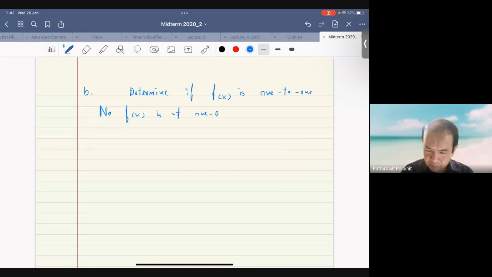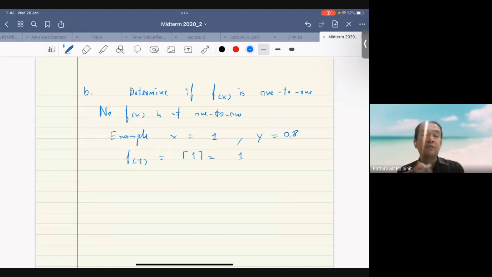to 1. Usually you should answer this maybe last, but let's say for example x is equal to 1 and y is equal to 0.8. You can say f of 1 will be equal to ceiling of 1, which is the smallest number that is greater than or equal to 1.